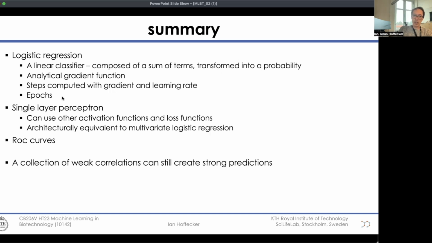And then we talked about how this logistic regression was actually a particular instance of the simplest type of neural network, or a perceptron. And while a perceptron can use other activation functions, architecturally, it's equivalent to what we've done here. So we're performing a multivariate logistic regression. We can draw it in this format with nodes and edges weighted according to the coefficients in these feature terms.